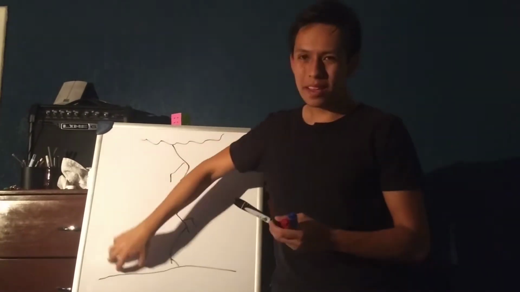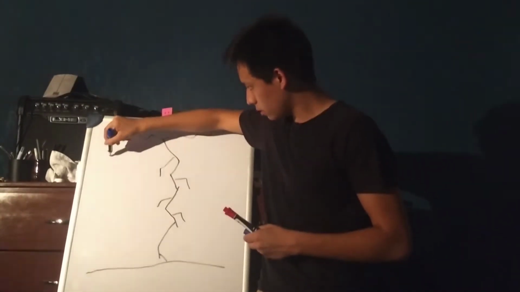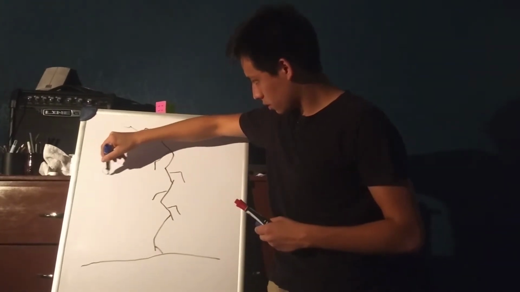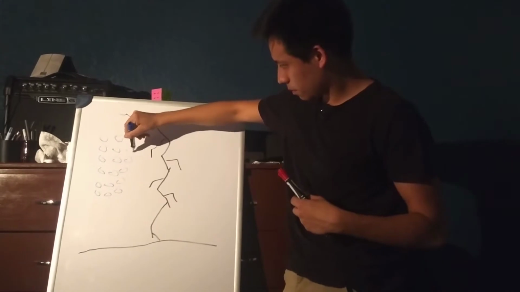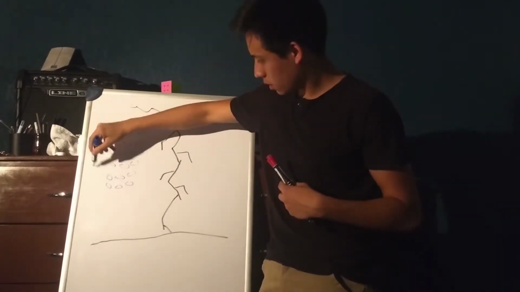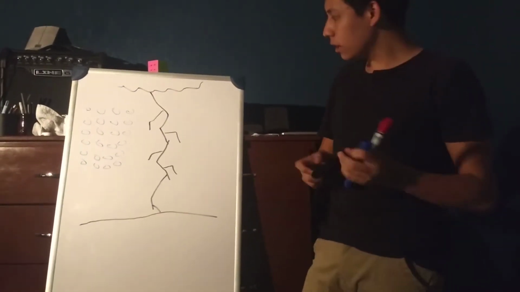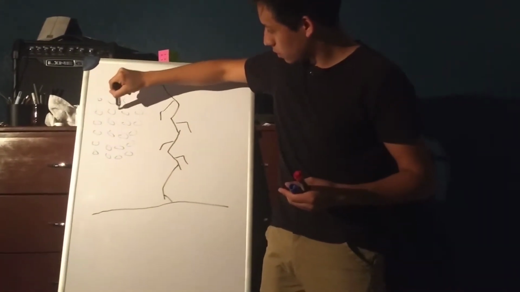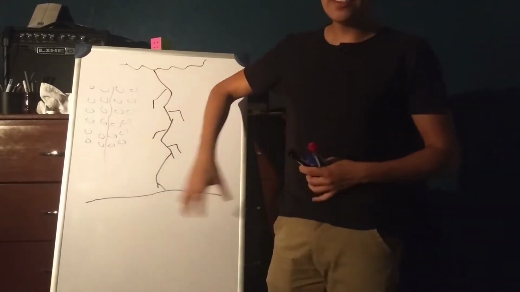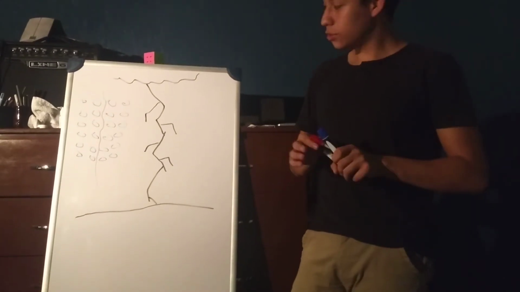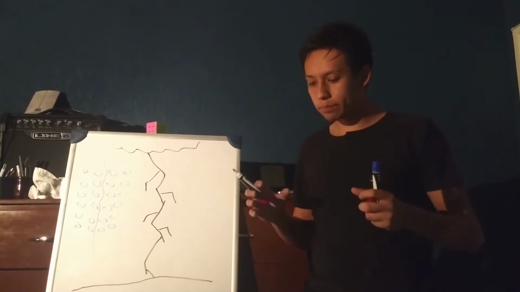I'm going to draw some air particles over here. Let's suppose those are air particles, and when the lightning comes this way, it carries a very high amount of energy. So the closest particles to the lightning are going to be excited.